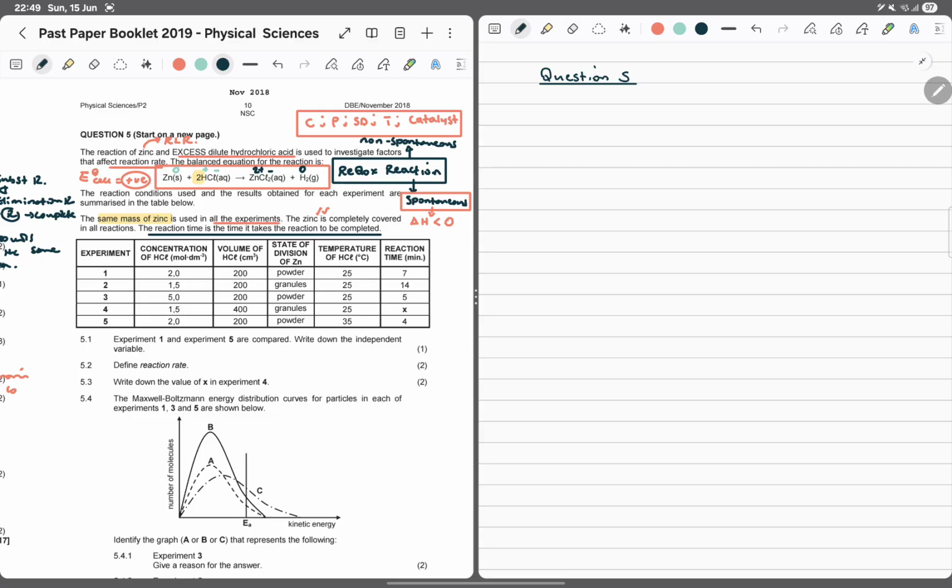Now, we have a table. So whenever we've got a table or a graph, guys, we need to study that table carefully. Don't worry about the questions. I know many of you are taught to just jump around, look for information once the question is asked. This is what makes you fail, because you are not aware of the nature of these materials or substances that are given beforehand.